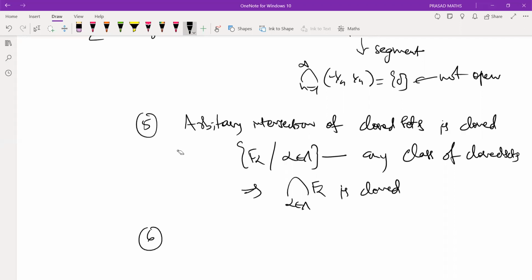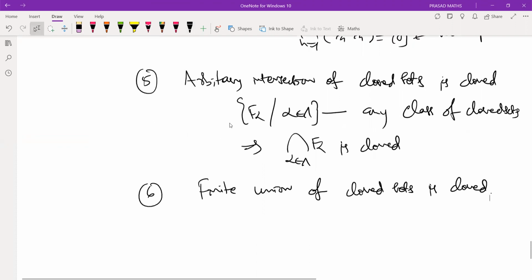Next. Finite union of closed sets is always closed. Give me any finite class of closed sets.